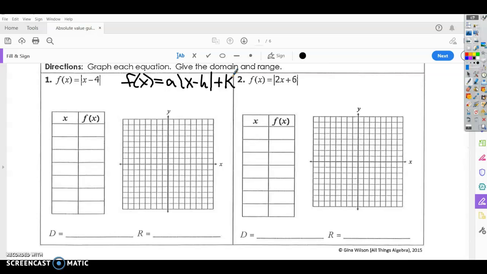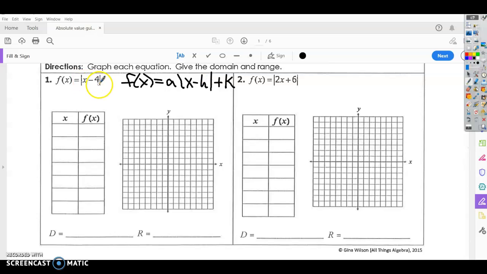All right, so what is this? Well, a is going to tell you if it turns up or down. It's also going to tell you if it gets wider or more narrow. So that's what a does. h and k are your vertex. So remember that this is minus h plus k. So your vertex is always going to be the opposite of whatever the sign is here, because a negative would be a plus, and since this has a minus, that would work that way, sort of like slope and some other formulas that we use.